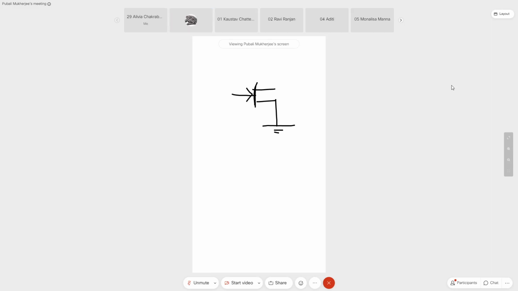The arrow pointing inwards shows it is an N-type device. We always give a negative potential to the gate terminal of the JFET. This is the gate terminal, this is the source terminal, and this is the drain terminal.